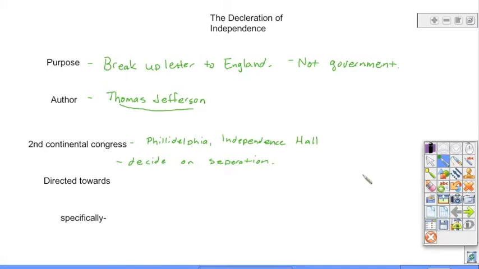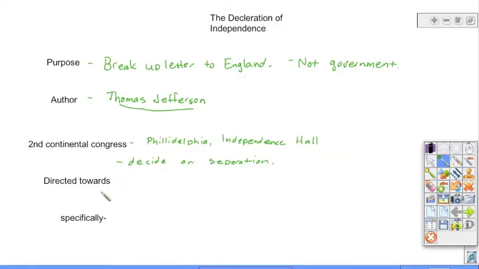In fact, a lot of people were very fearful of war. New York, for example, abstained from the vote because the British Navy was sitting outside of New York Harbor, and they were sure that if they declared their independence, then they would be destroyed by the British Navy. So this was a very controversial thing that was discussed, but eventually the Continental Congress does decide on separating itself from England.